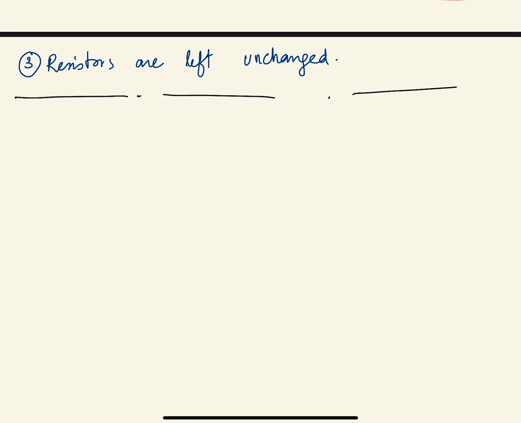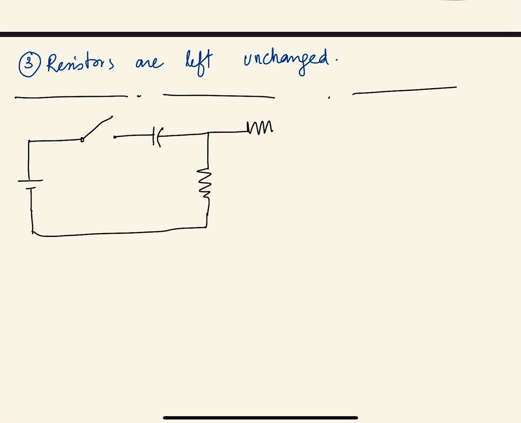Now, suppose you have a circuit like this. This is your voltage source V. This is your switch K. This is the capacitor C. This is resistor R1.